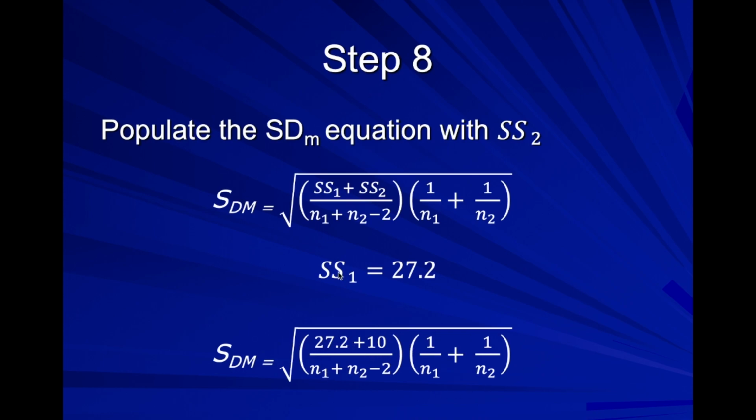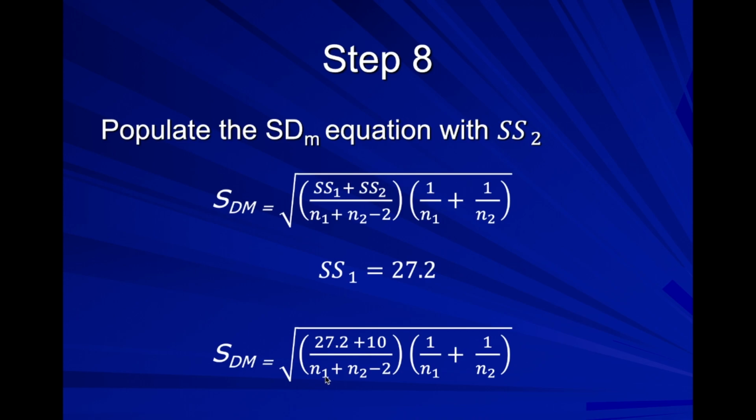All right, so here you have it all plugged in. Sum of squares 1 was 27.2, and in this case, sum of squares 2 is 10. So you're beginning to populate this equation. Next thing we want to do is finish it out by putting the sample size in.